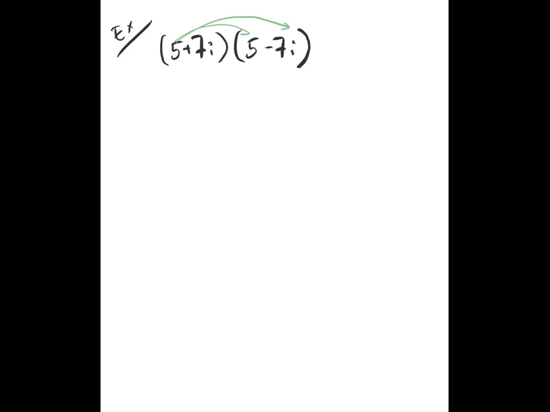So what do we get? We get 25. 5 times 5 is 25. Minus what? 35i. We multiply again. And here we get a plus 35i minus 49i to the power of 2.